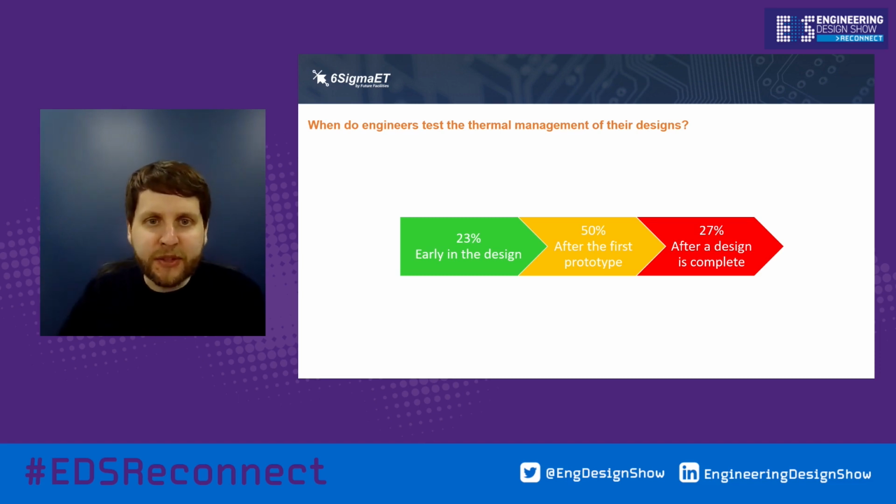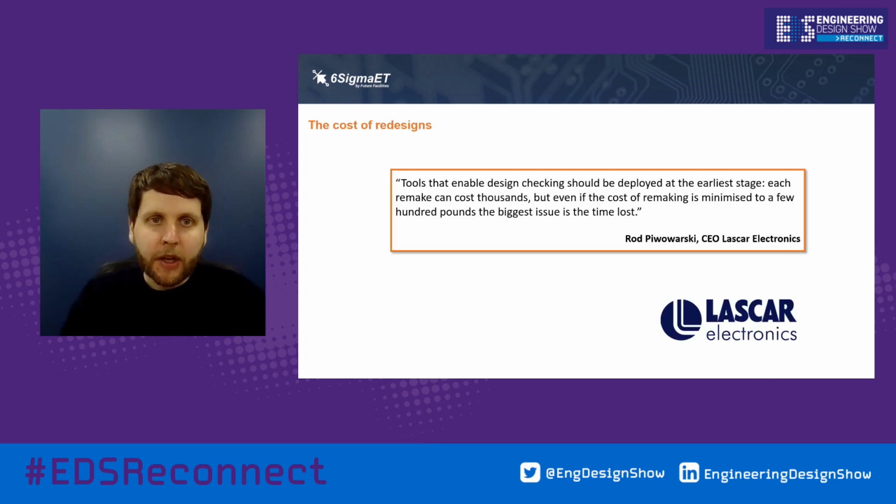One of the things we surveyed is, when do engineers test the thermal management of their design currently? About a quarter do it early in the design process, about 50% do after the first prototype, and 27% do after the design is complete. And one of the things that's important to note is that the later in the design process it is, the more expensive and the more time consuming it is to rectify a design issue, particularly with the thermal design of your electronics device.